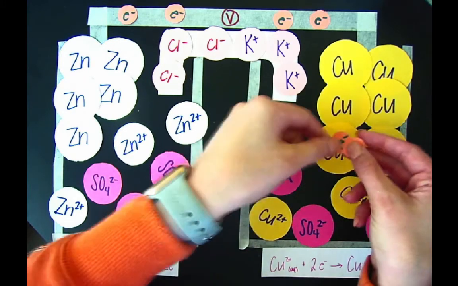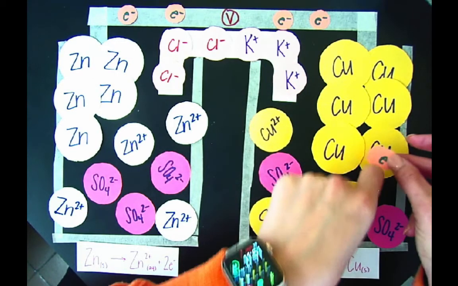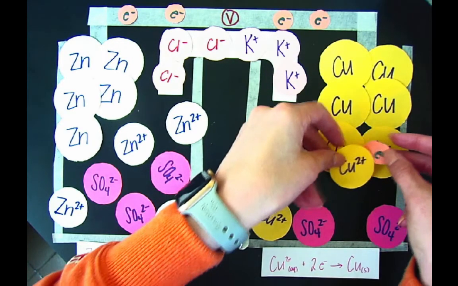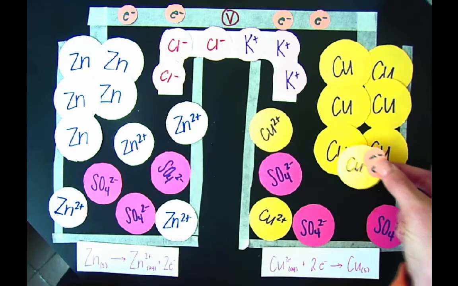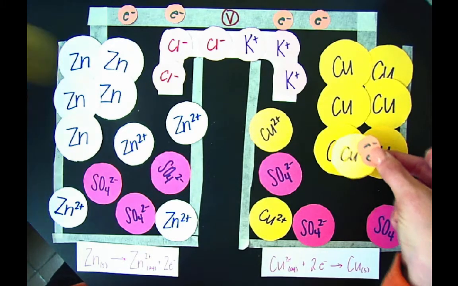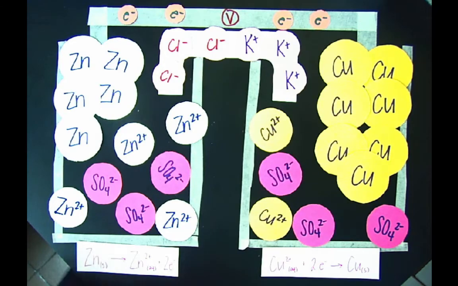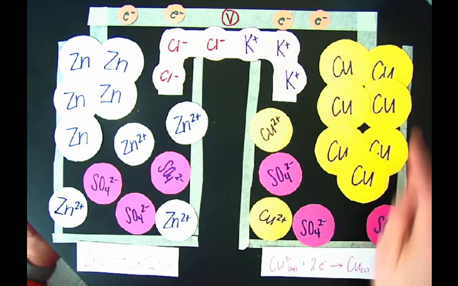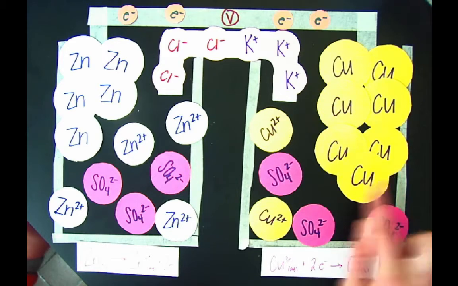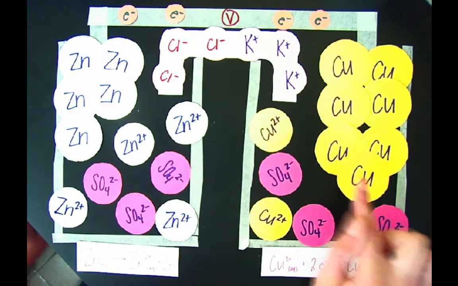When these electrons are with the copper electrode, Cu2 plus will come up to the copper electrode and gain these 2 electrons. Once Cu2 plus gains 2 electrons, it becomes solid copper. As Cu2 plus is reduced to solid copper, more copper adds to the copper electrode, so the mass of the cathode is going to increase.